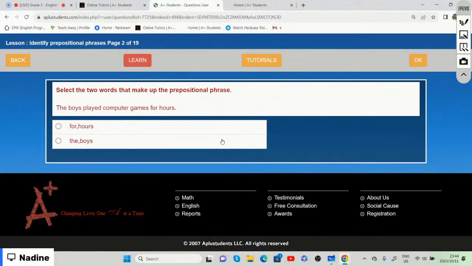Is it for and hours or the boys? All right, so if we look at the prepositional phrase, we will say it is for and hours.